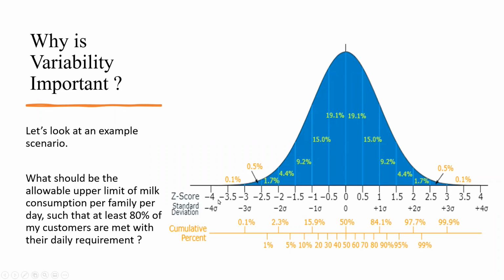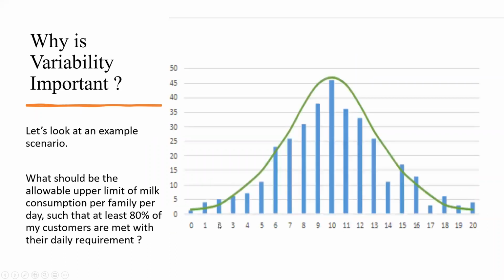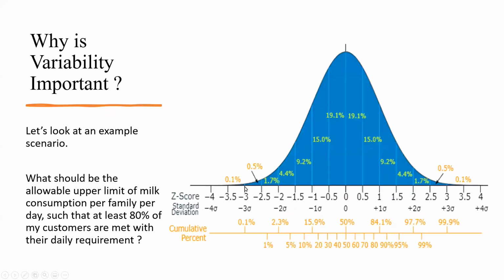For example, let's take 2 liters. If I set 2 liters as my threshold, then the cumulative percentage says that up until that point I have only 0.1% of the entire families. So I'll only be able to meet the requirement for 0.1%.